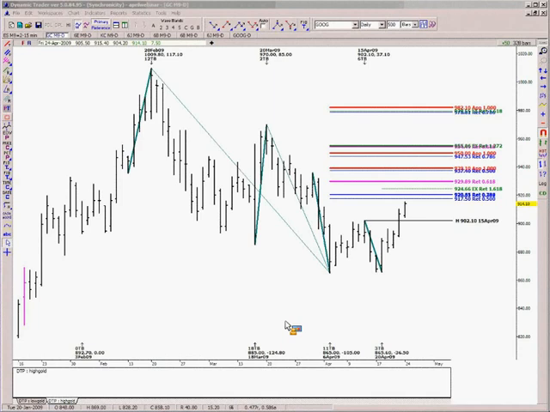I used it on my charts. I liked it. I kept it. But it's not something that I found. It was something that I borrowed or learned from somebody else.